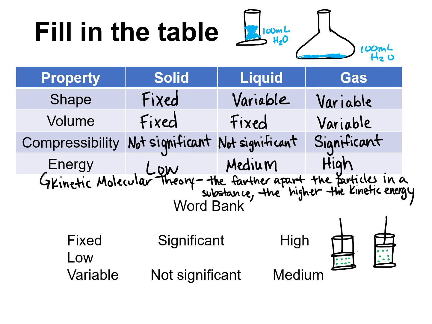So if I go this way, I'm expanding. I lift the piston up, the volume expands. If I go the opposite way and I push down on that piston, the volume gets smaller. That will compress the gas closer together.